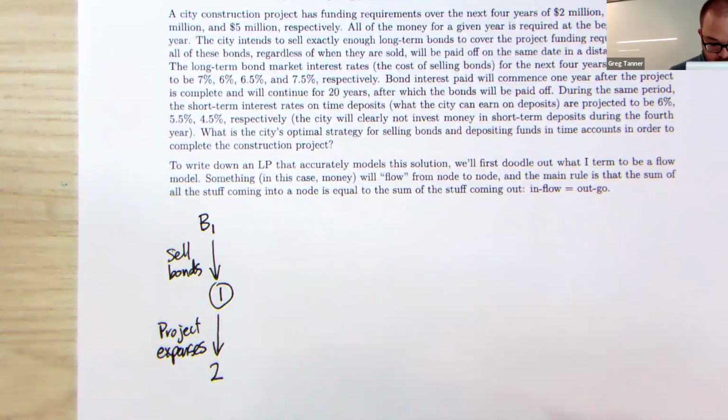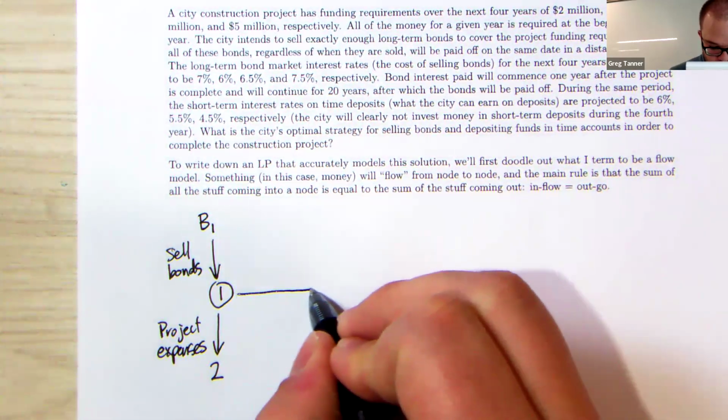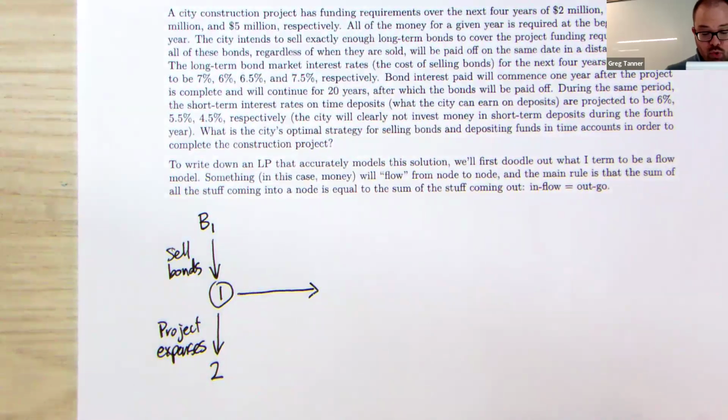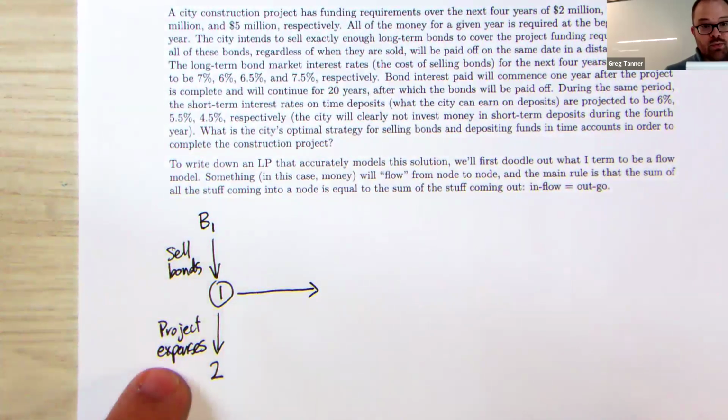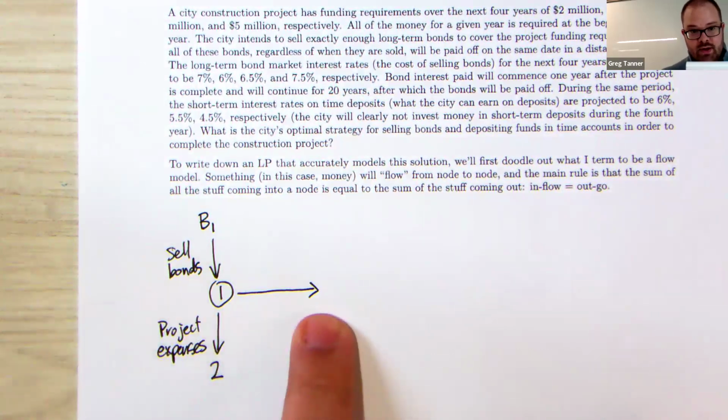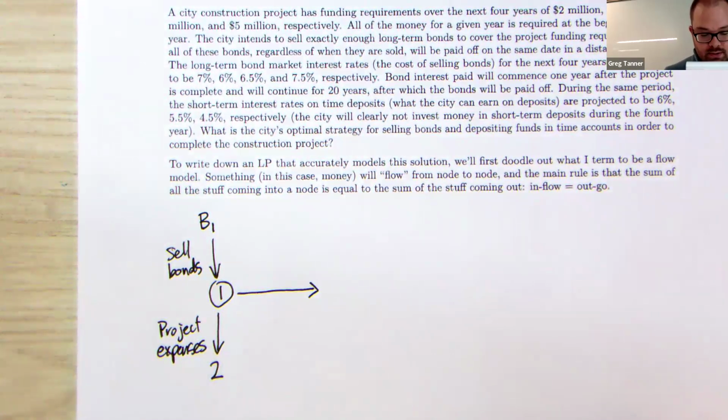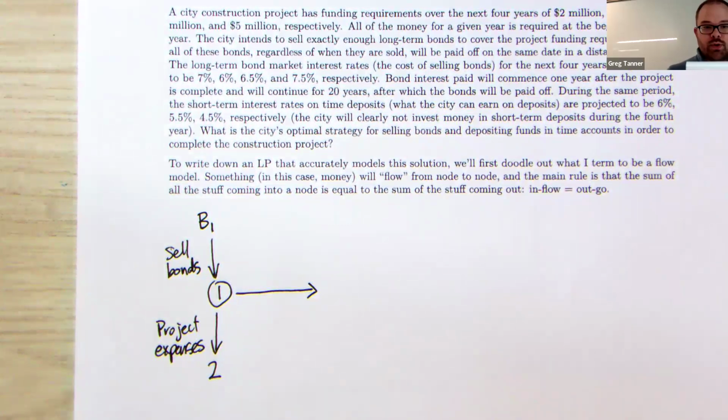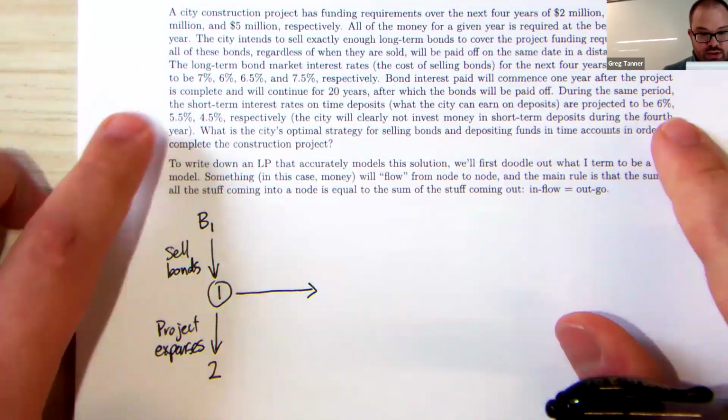But the tricky part is that we can sell more bonds than we need. We can sell more than 2 million in bonds and have the resulting money flow through to the next year. Not only does it flow through as is, but it actually gains a little bit of short-term interest.